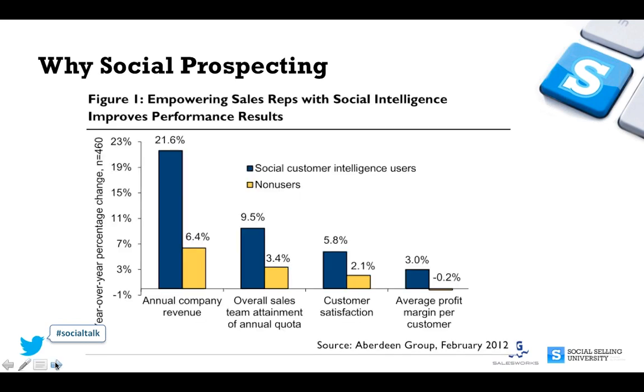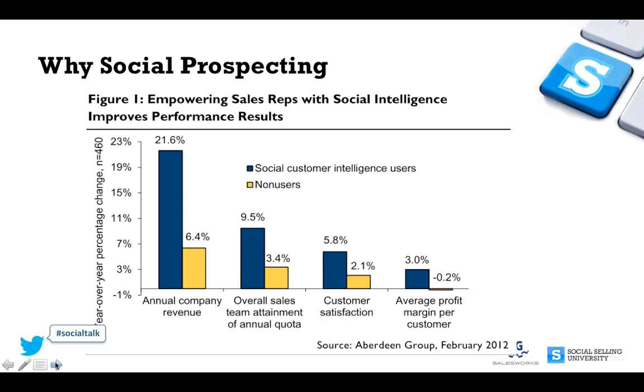I think on the next slide we have a graph coming from the Aberdeen Group. They did a study, as you see there, in February of 2012, in which they looked at harnessing social media analytics and the impact on sales effectiveness. A couple of reasons why I wanted to show this: again, to reiterate why you should be online using social media sites to extract social intelligence.